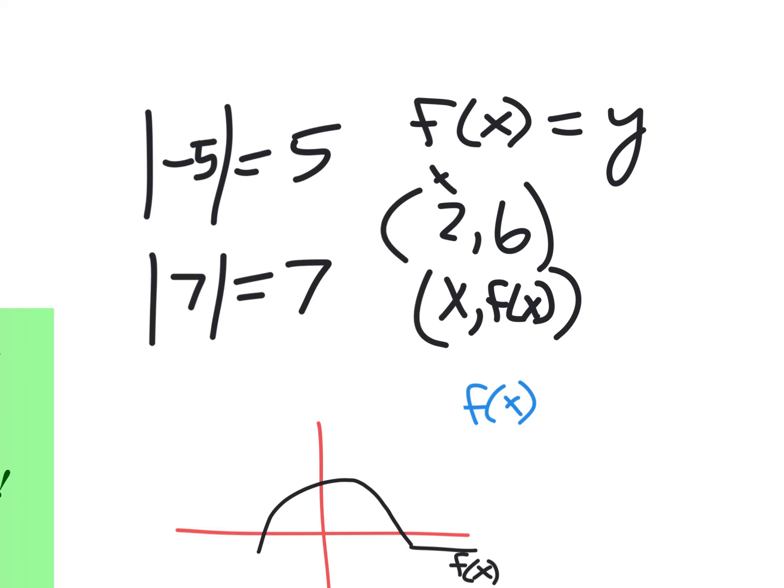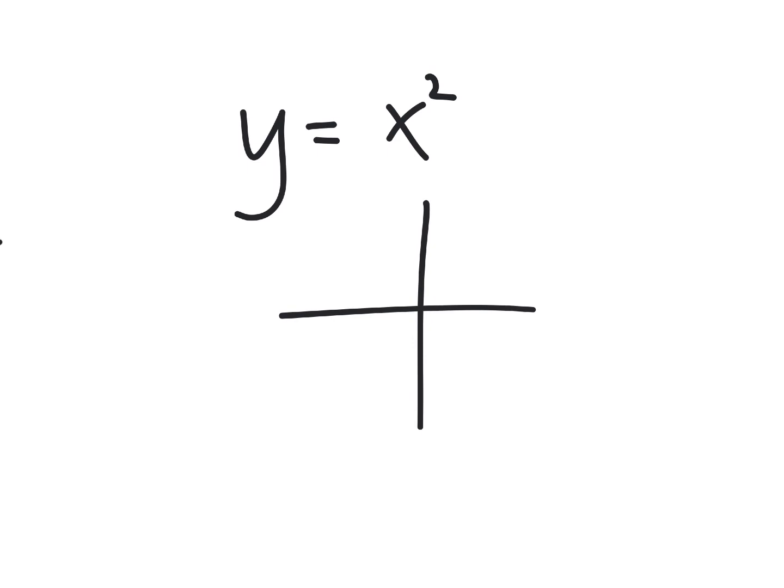All right, let's talk about that for a second. Some of those top 10 functions, you're supposed to now know automatically that that looks like that. You would have known that, right? If I absolute value that function and I make all of its y values come out positive, is anything going to change?